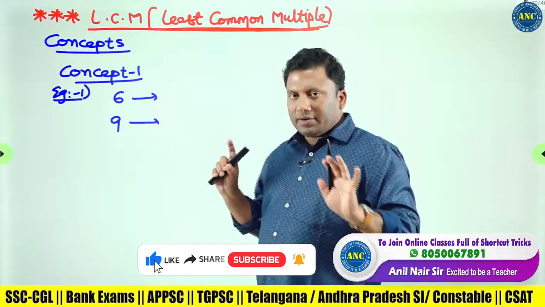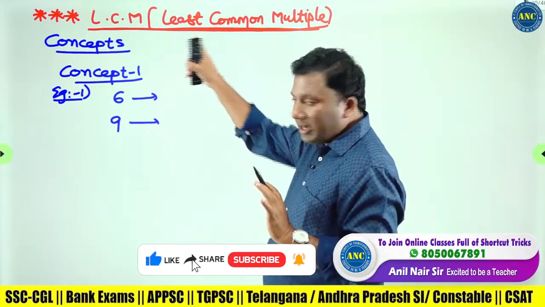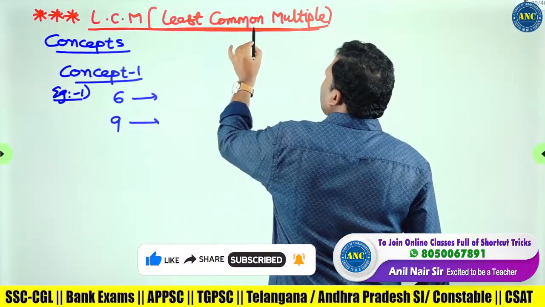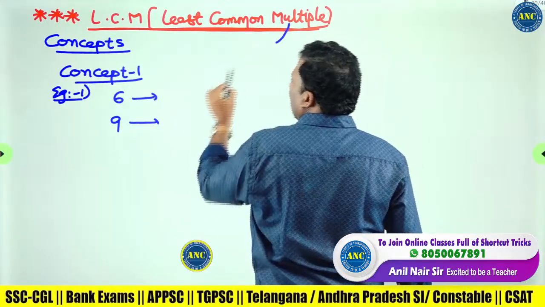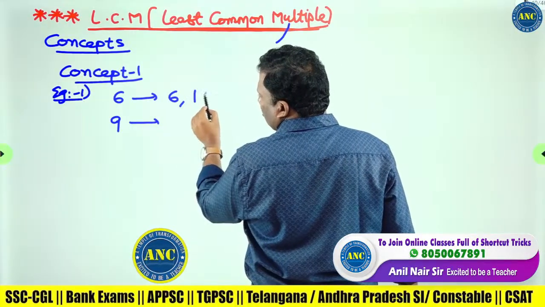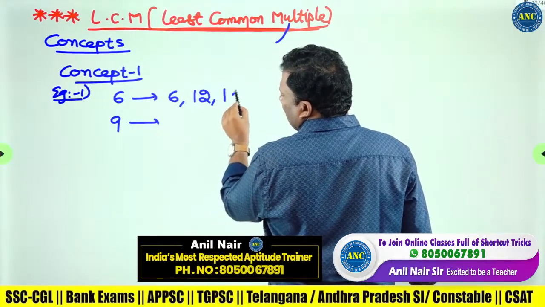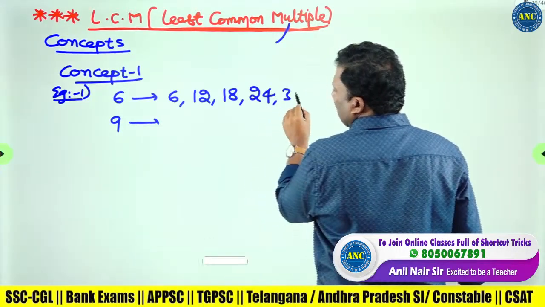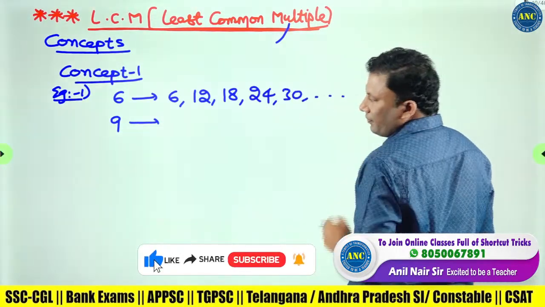Now first thing, we will read the heading: least common multiple. First write down the multiples of 6. 6 ones are 6. 6 twos are 12. 6 threes are 18. 6 fours are 24. 6 fives are 30. And so on.